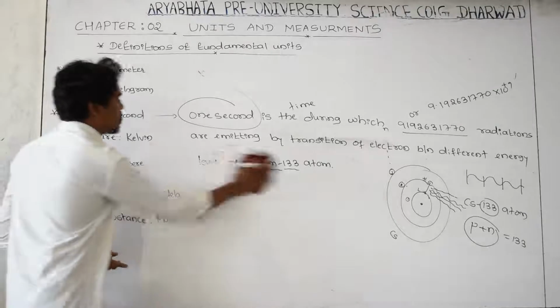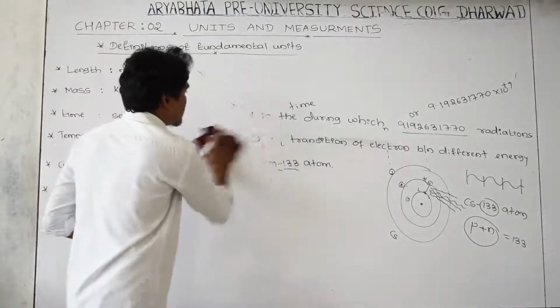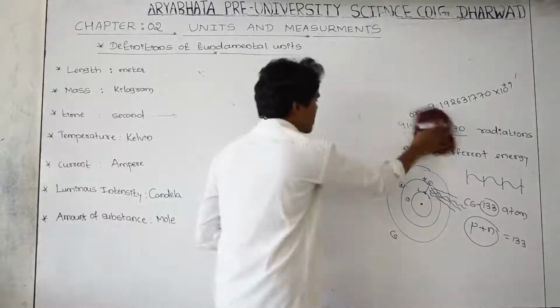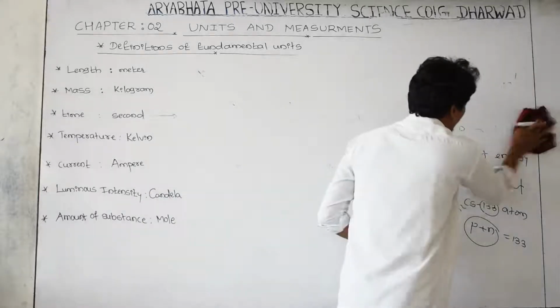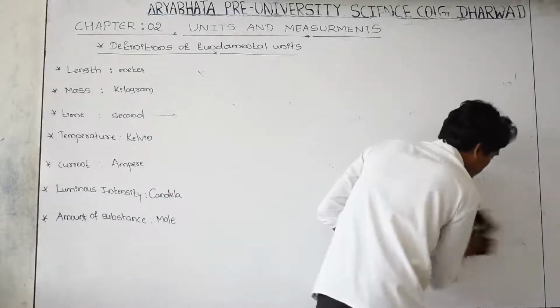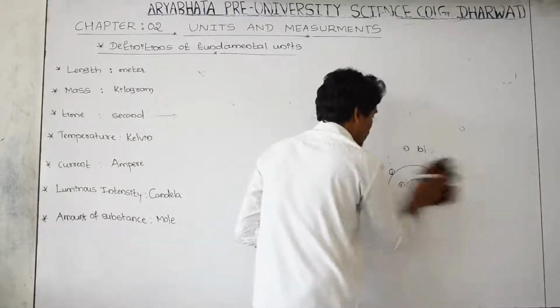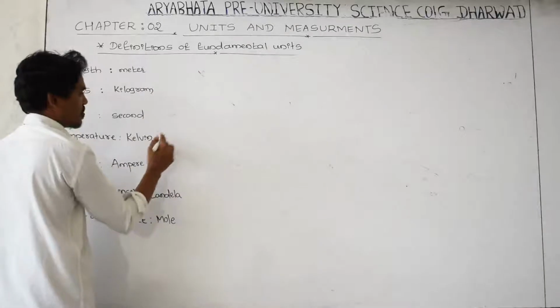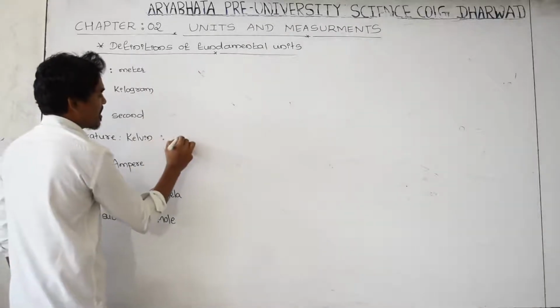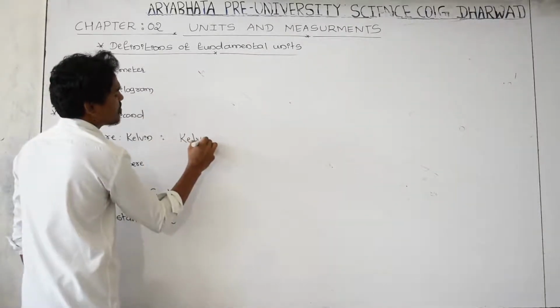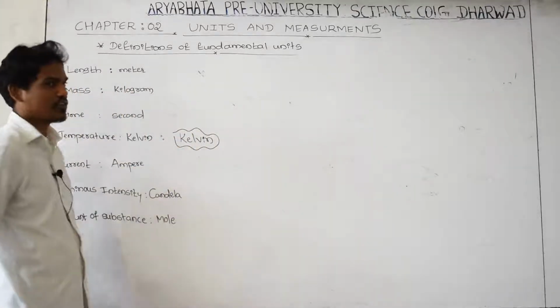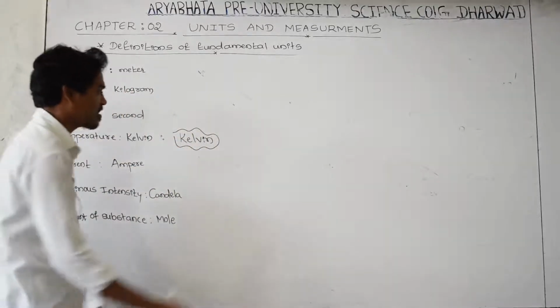And go to the next one, that is temperature. What do you mean by temperature, what is its SI unit, and how to define that one? We can study now. Temperature's SI unit is Kelvin. This is the name of a scientist; after the scientist's name we call the SI unit of temperature the Kelvin. What is Kelvin?